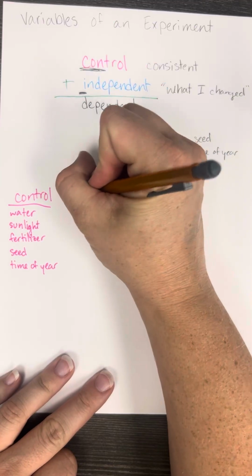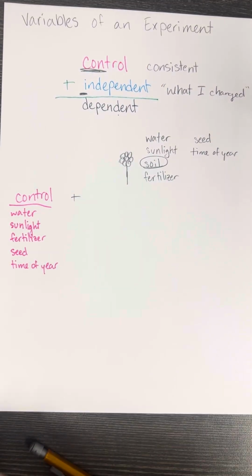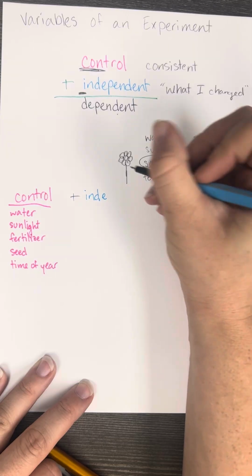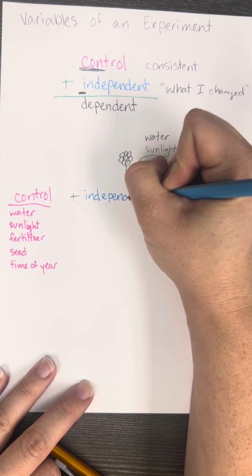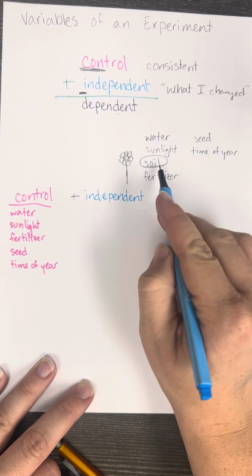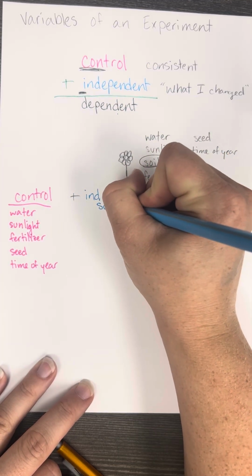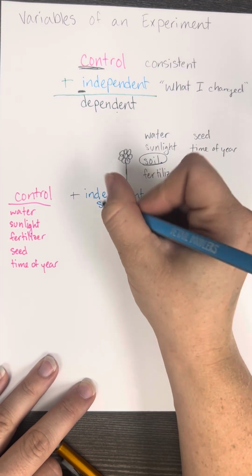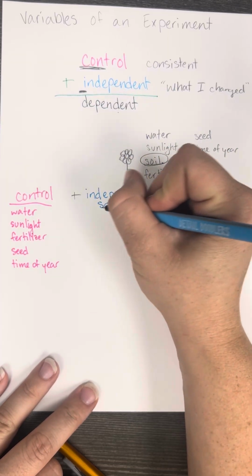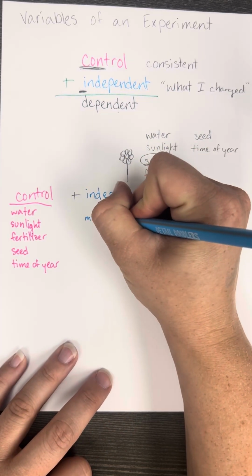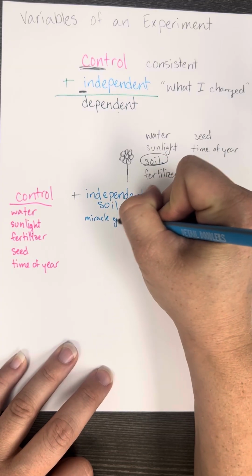I'm going to add that to my independent variable. Now remember, the independent variable is what I am changing. So we decided that we're going to do soil. So let's say for one plant, for one flower pot, I have Miracle-Gro.